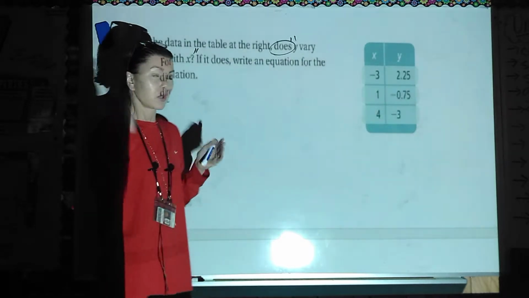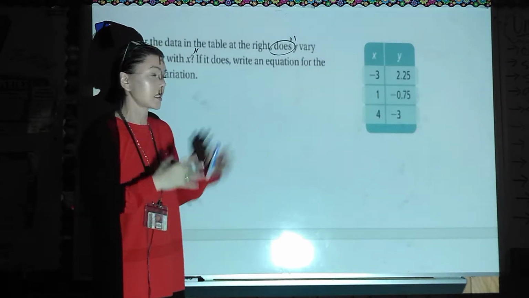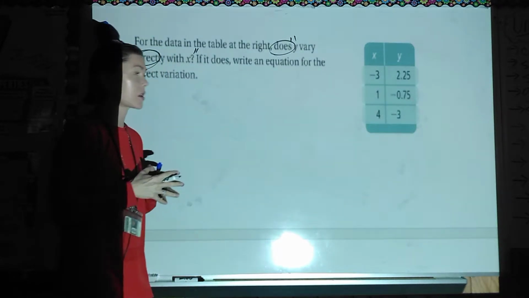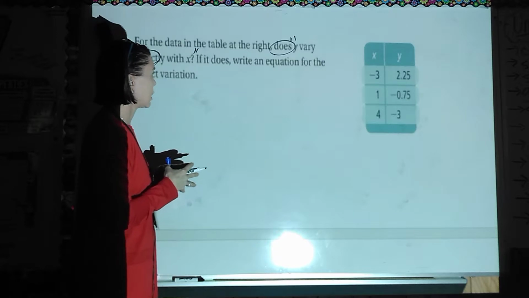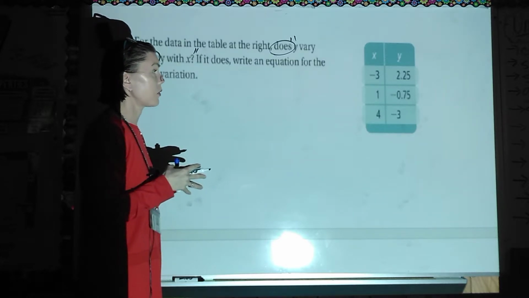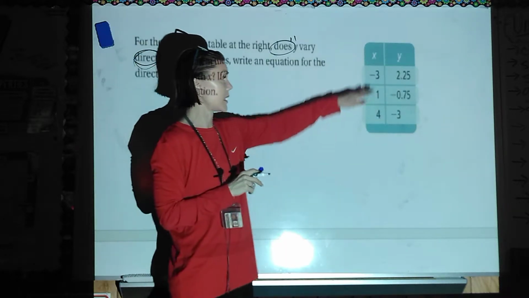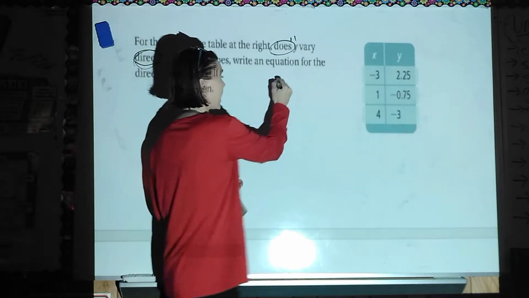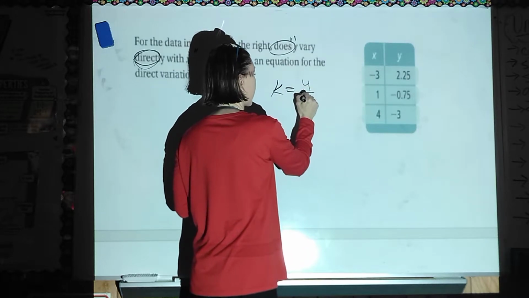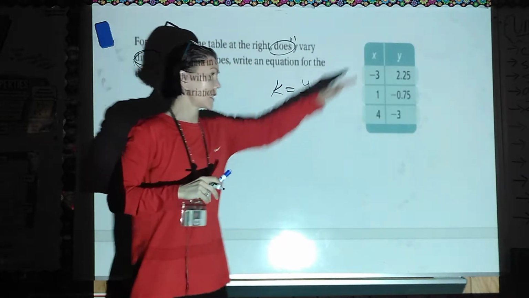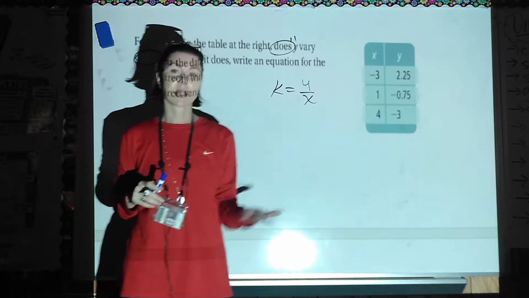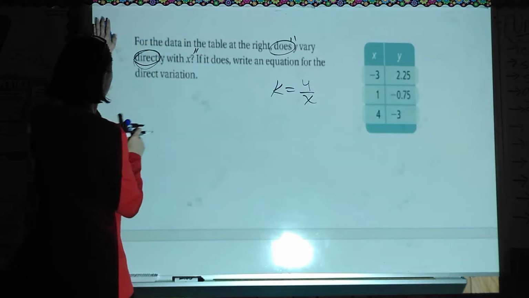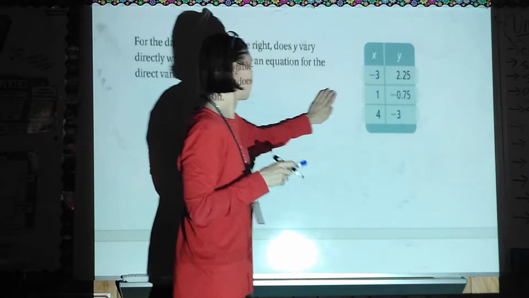When you hear that phrase, it's asking you, is this a direct variation? If it does, write an equation for the direct variation. So we'll go over that live. First of all, we have to see if this is a direct variation. You know, k equals y divided by x. And if it's the same every time, then yes, we have a direct variation, and then we will write the equation. Okay, so we'll go over that live.